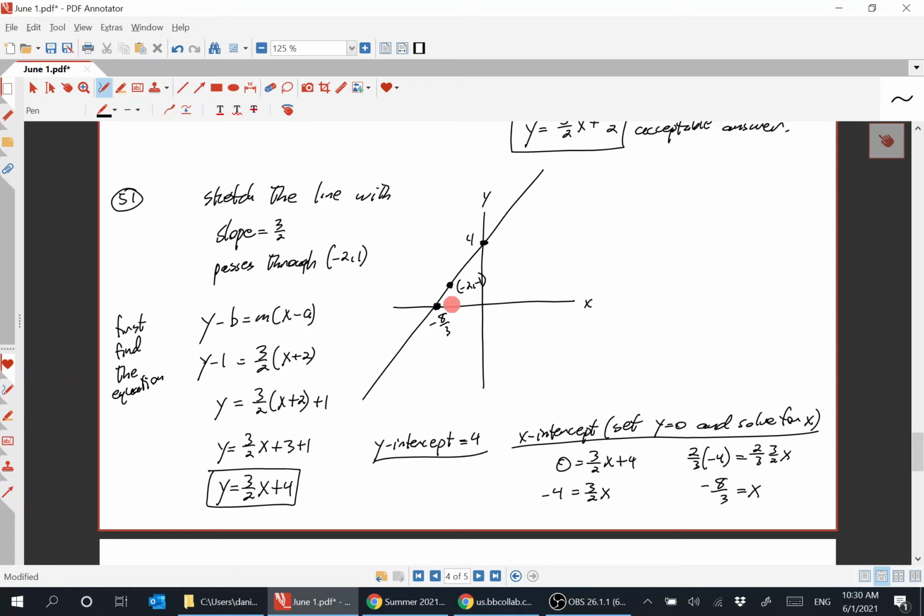So if you want to run 2, so this is -2 to 0, and then rise 3, then you get to 2. So -2, -1, and then here's the slope of 3/2. All right, this is run 2, rise 3.